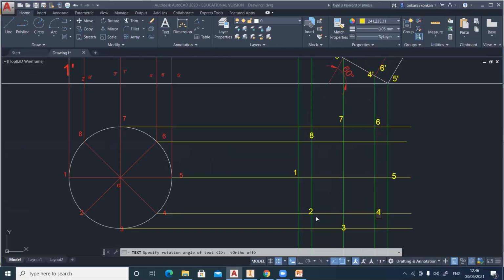In this way, you find out the intersecting points by observing the projectors from the front and top view. Now we need to join all these points as a continuous curve.